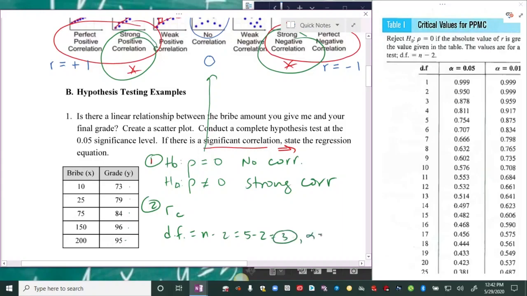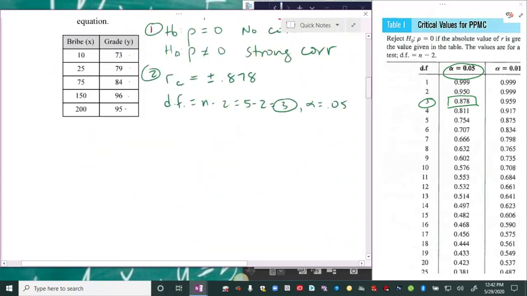I also need our significance level, which is 0.05. So 0.05, 3 degrees of freedom gives me a critical value of 0.878. This is a two-tailed test, so I do want the plus or minus 0.878. I'm not going to draw a normal curve to go along with this one since we're testing with our correlation coefficients. Instead, I'm going to draw a continuum from -1 to 1.